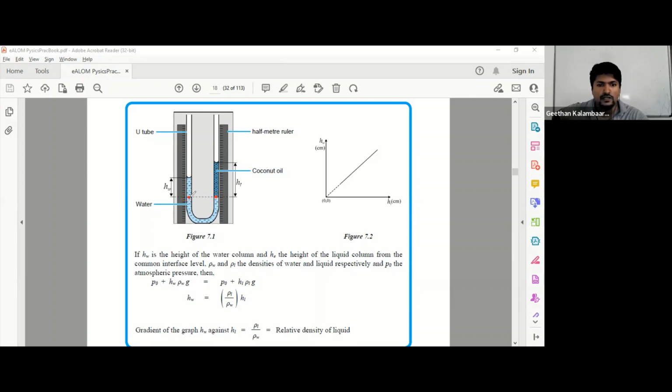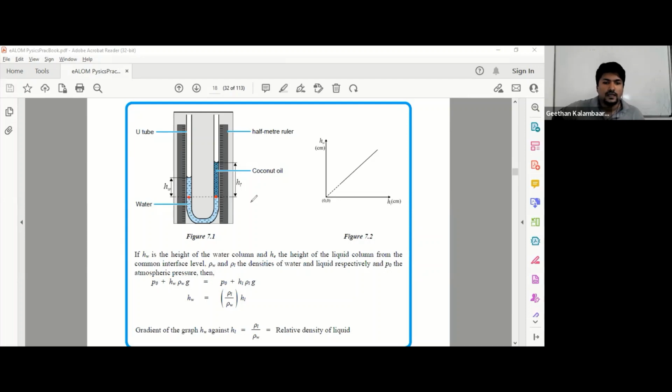We are equating pressures at these 2 points. On one side you get atmospheric pressure plus h_w rho_w g, which is the pressure created by water, and on the other side you get atmospheric pressure plus h_l rho_l g, which is the hydrostatic pressure created by the coconut oil.